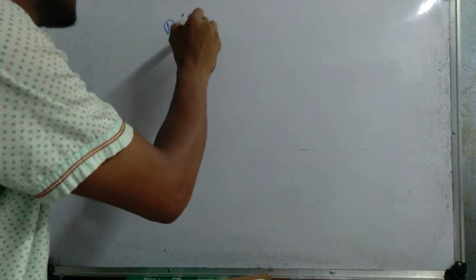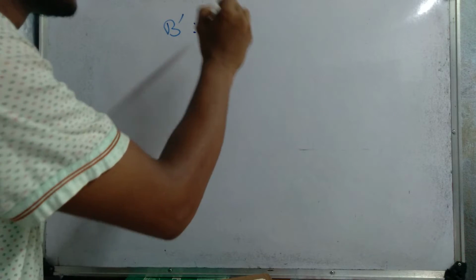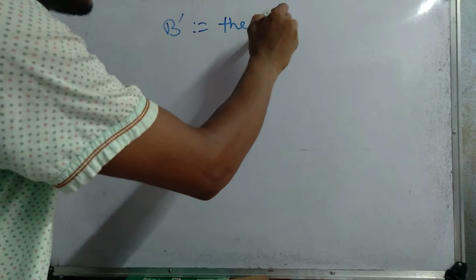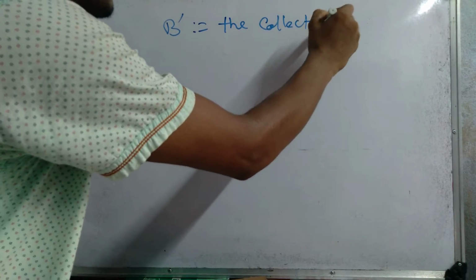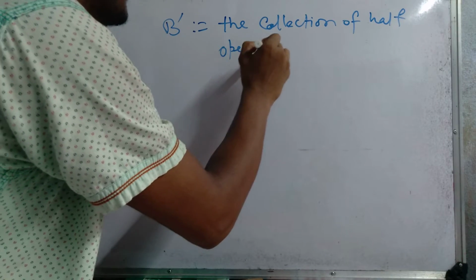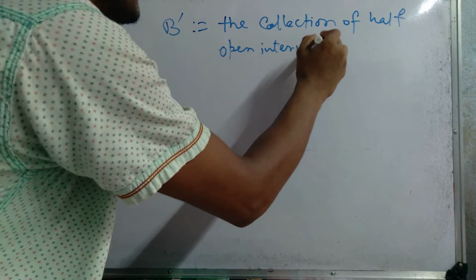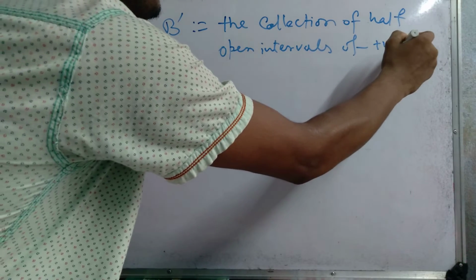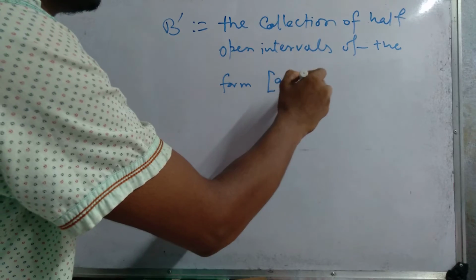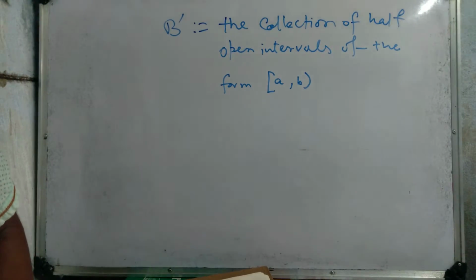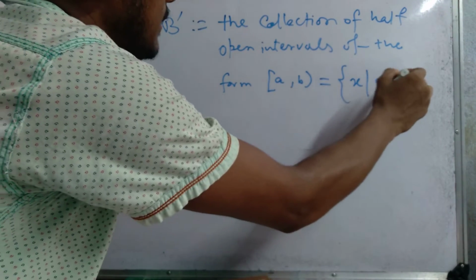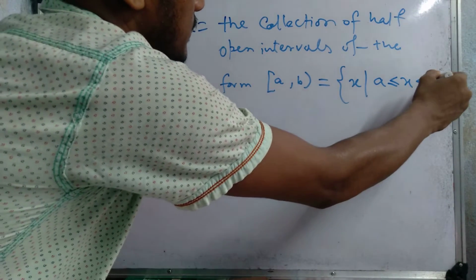Beta dash is the collection of half open intervals of the form [a, b), where this represents the set of x such that a is less than or equal to x less than b.